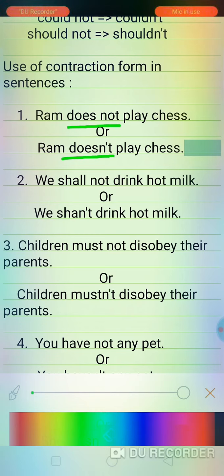Likewise, in the further sentences, we shall not drink hot milk. We shan't drink hot milk. Shan't is the contracted form of shall not.